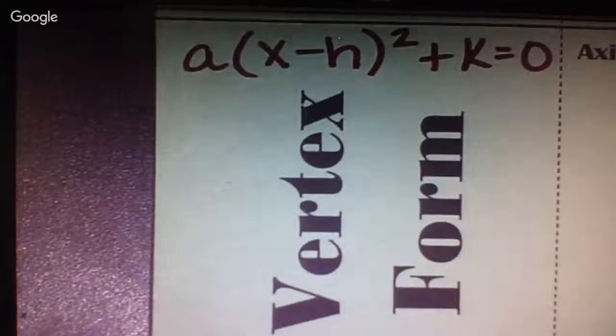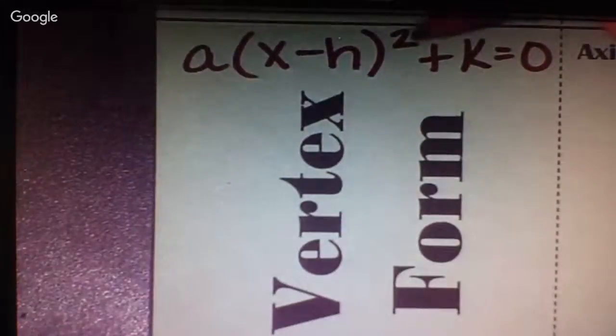No, it's really frustrating. Okay, so vertex form is going to look like this. How do I know that this is a quadratic still? Every equation can equal 0. How do I know that this is a quadratic?